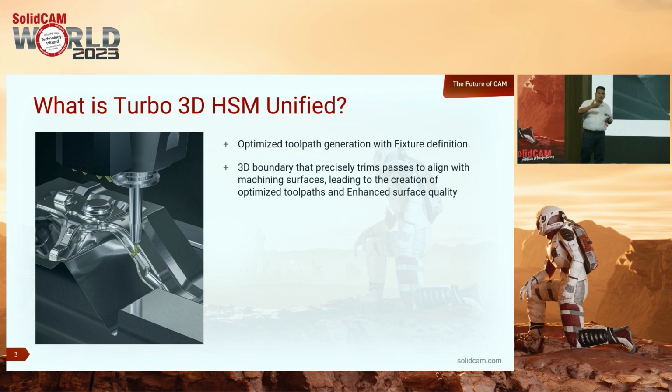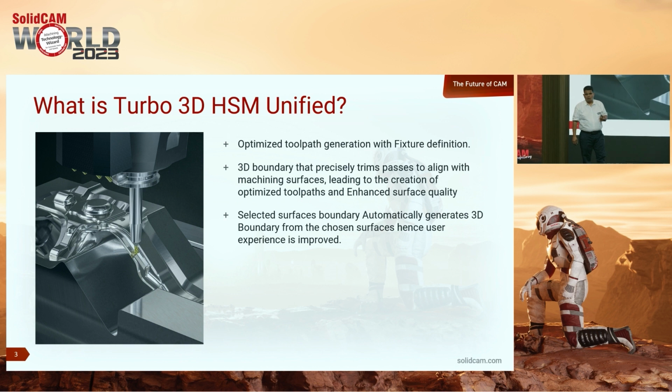But the moment the surface becomes more or less steep, the 2D trimmer starts giving problems. So you'll see a lot of retracts coming out because of the 2D trimmer. Whereas in unified, we are doing true 3D trimming. We are not projecting anything. We are just taking the 3D boundary as it is, and then using the 3D boundaries, we are trimming the toolpath. So it's much more accurate.